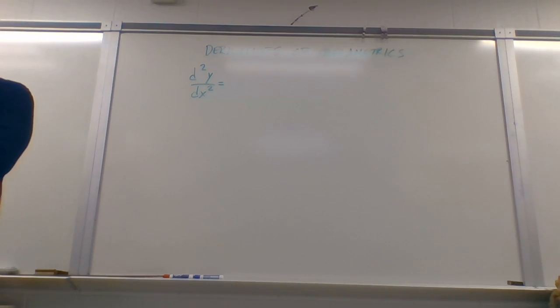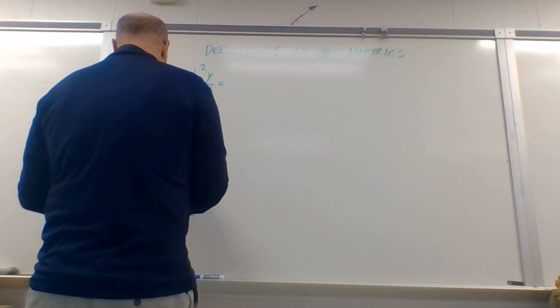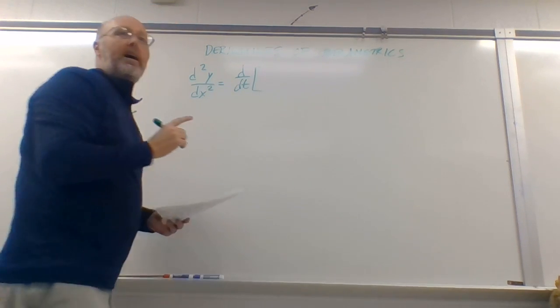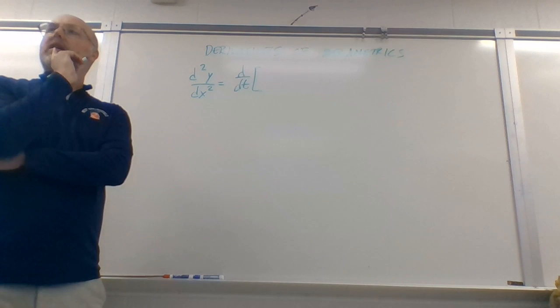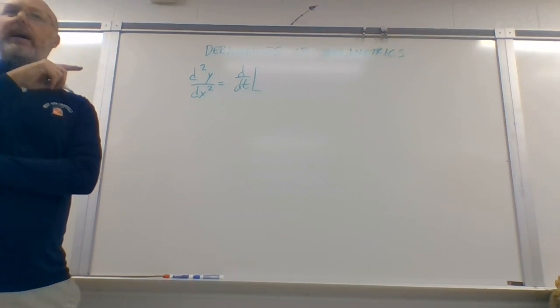Do I have to do a lot of work here? I shouldn't have to do too much. Don't I already have dy over dx? Okay, now, you could do the quotient rule, but couldn't you rewrite dy over dx?